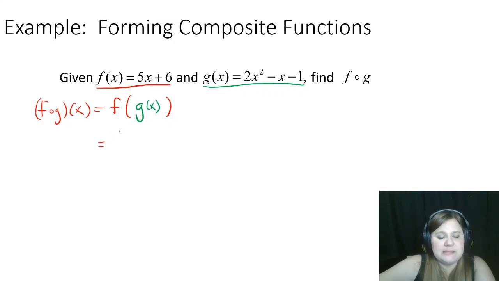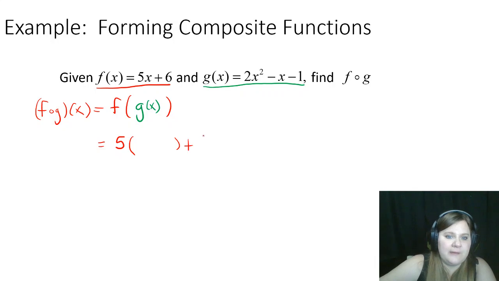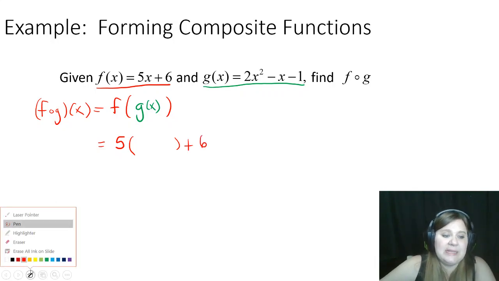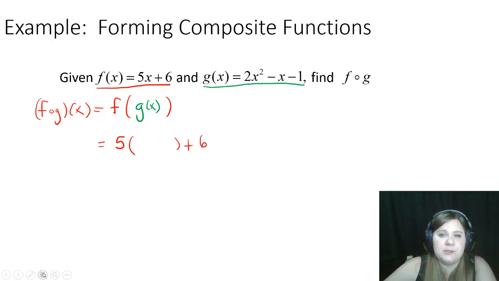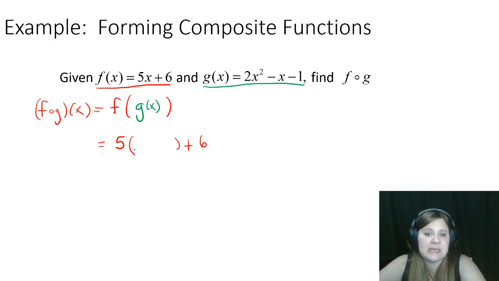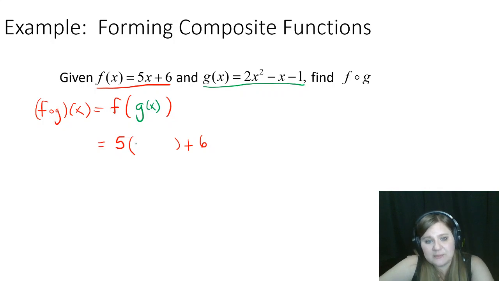What that means is everywhere there is an x in f of x, I'm going to replace it. I'm going to substitute in g of x. So in this case, it was originally 5x plus 6. I'm going to have 5 times something plus 6. In this case, the something is 2x squared minus x minus 1.